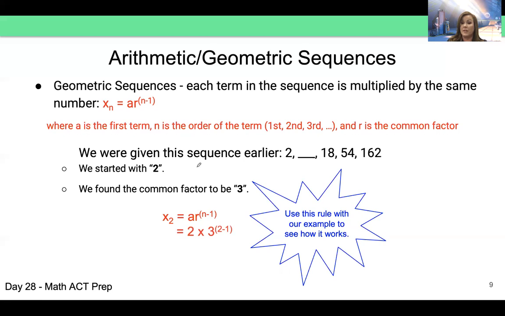Whatever this number here, we want the second term, so that n is a 2. So 3 to the first power is 3. This is going to be 2 times 3. It's 6. And again, you need to know these formulas for when they're asking for like the 15th term in the sequence, but for this problem right here, you can probably do it by hand.